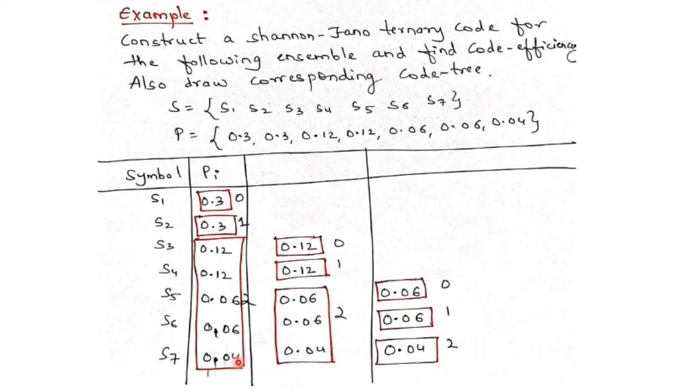So we need to group these probabilities into 3 sets. 3 sets for ternary, whereas 2 sets for binary. And all the 3 group probabilities must be approximately equal. So 0.3 is considered as first group, second 0.3 is considered as second group, and all the remaining elements as third group.